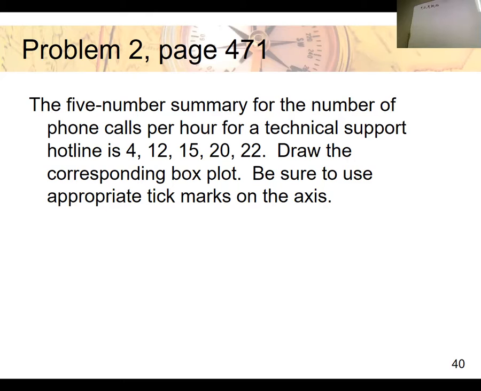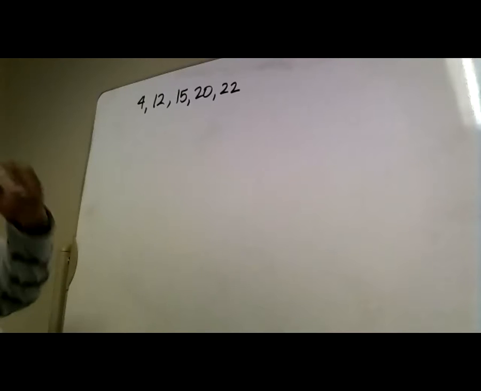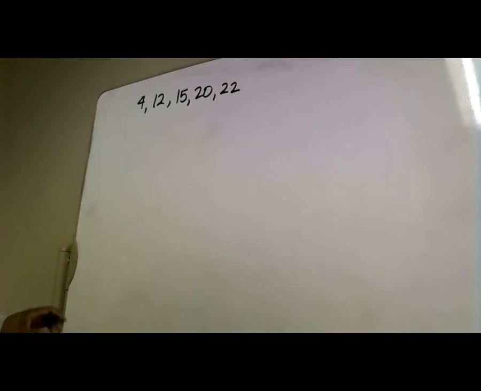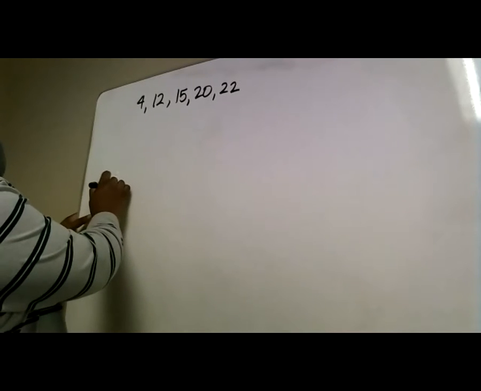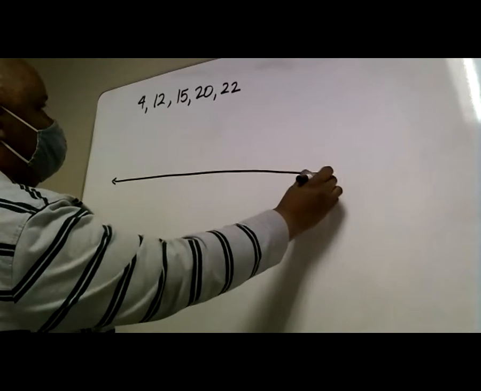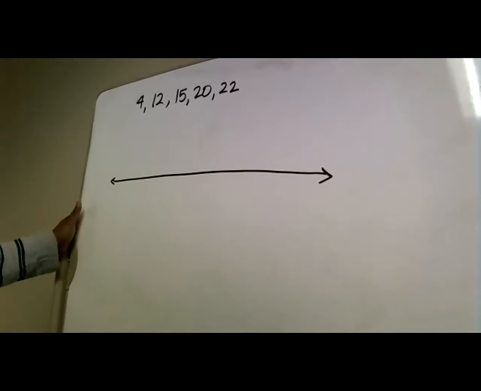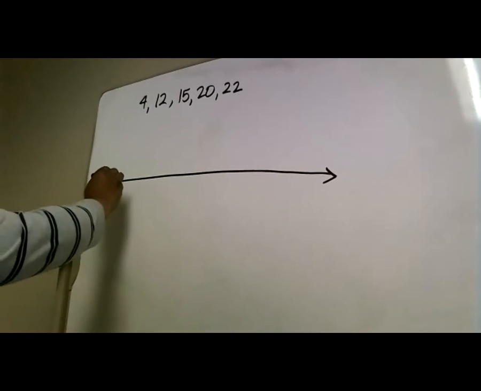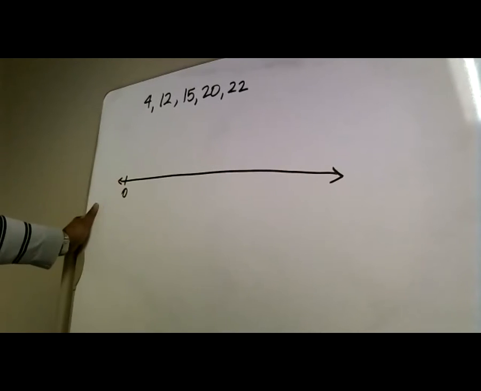So that's the data. That's actually the five-number summary. So we're going to take that and construct the box plot. Okay. So here is how we're going to do that box plot. I'm going to draw a number line like this. I'm going to start with 0.